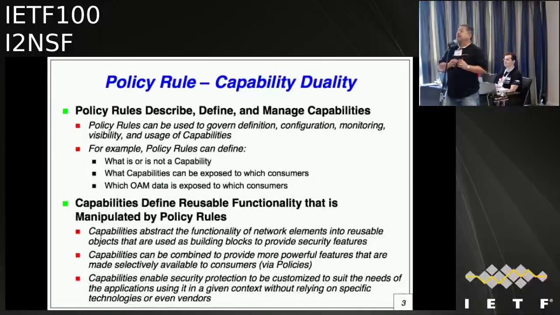So this network device consists of this set of capabilities. It can govern the different types of OAMP data that are not only exposed to different clients, but also define which OAMP data should be gathered in the first place. And that's enough about that.